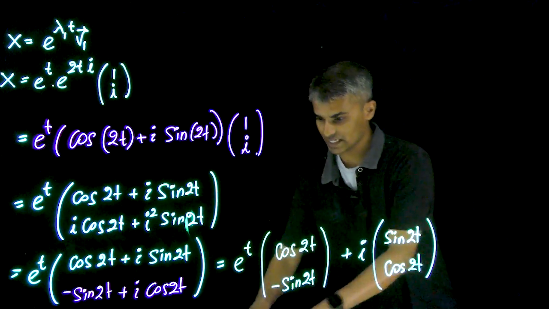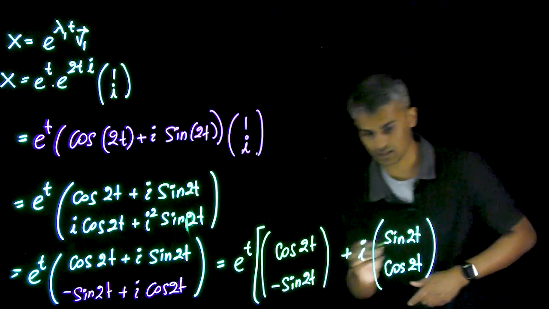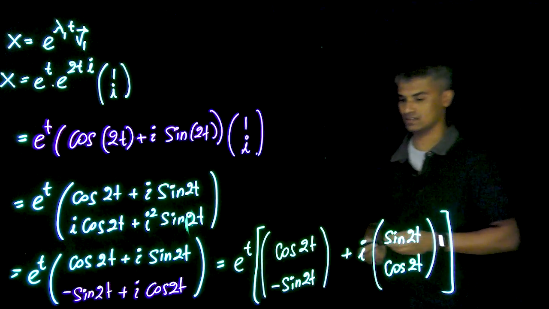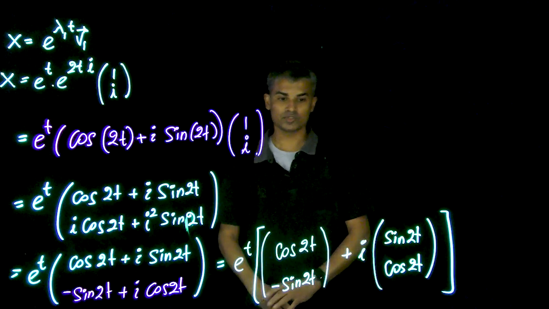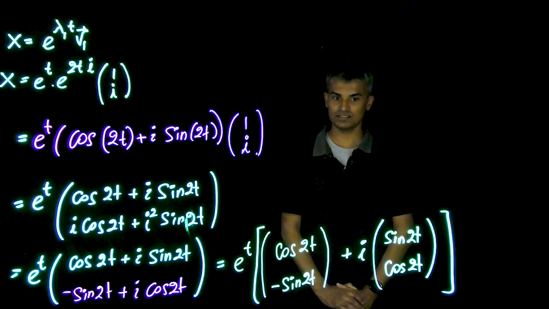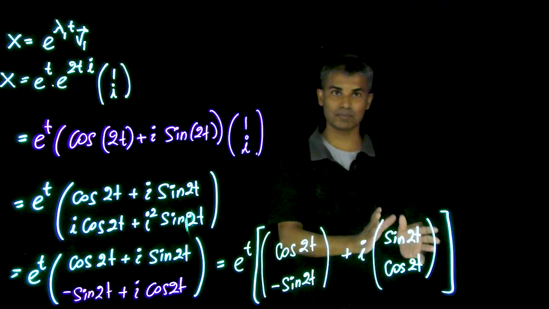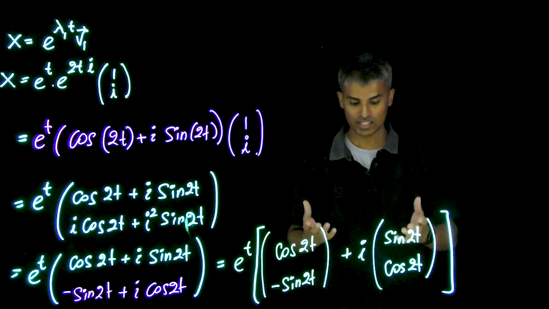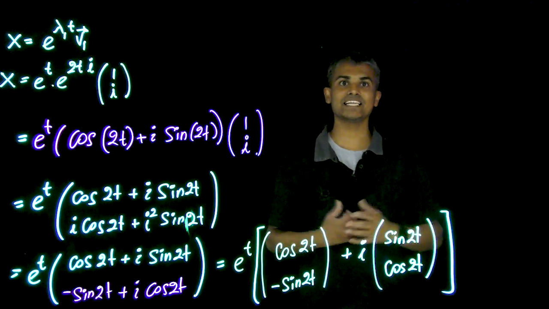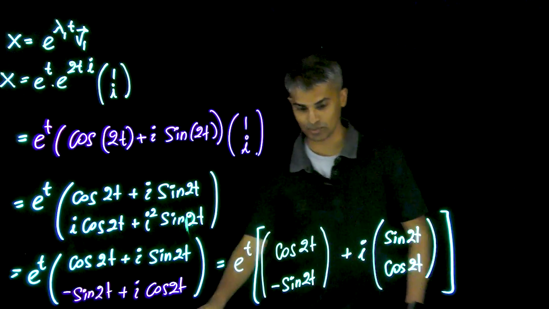Okay, I think we need a parenthesis around this. Okay, so now we are almost done. So the next and the final step is to figure out the real part and the imaginary part of the solution, and those will give us the two linearly independent solutions for this particular problem.